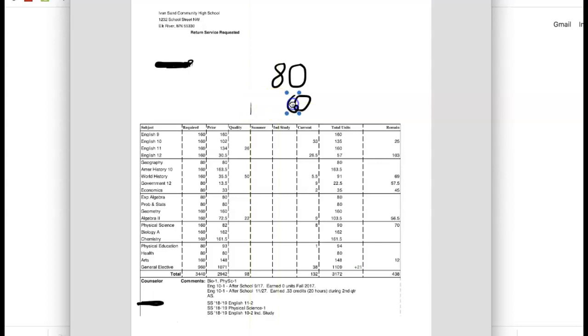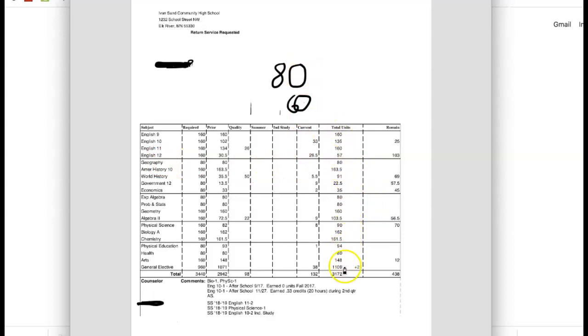So, let's do this just for fun. 160 units. Well, you get the idea. So, American History, World History, all of your Englishes, Geometry and Algebra, all your sciences are 2 semesters long and are worth 160 units. So if you complete 2 semesters at Ivan Sand, that is worth 160 units. If you do 1 semester class like geography, it's only worth 80 units.